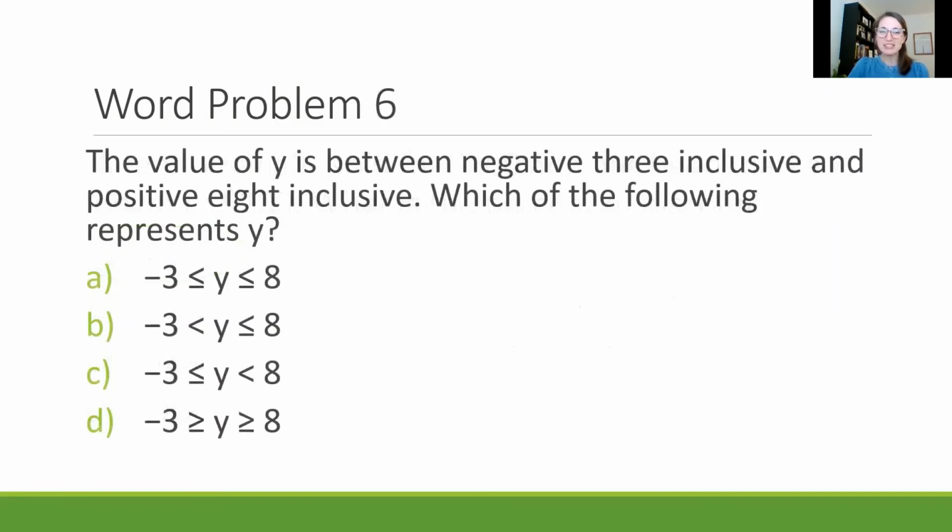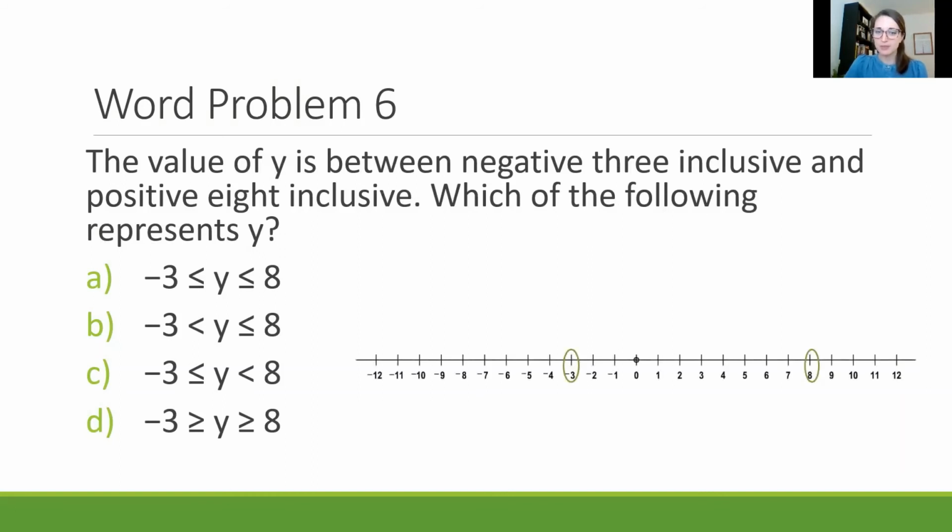For word problem 6, it says the value of y is between -3 inclusive and +8 inclusive. Which of the following represents y? For this one, I'd encourage you to find a number line. A number line you can draw quickly, and it'll help you to get a visual so that you can answer these questions correctly. So let's put ours out. Here's a number line, and we see the numbers -3 and +8.